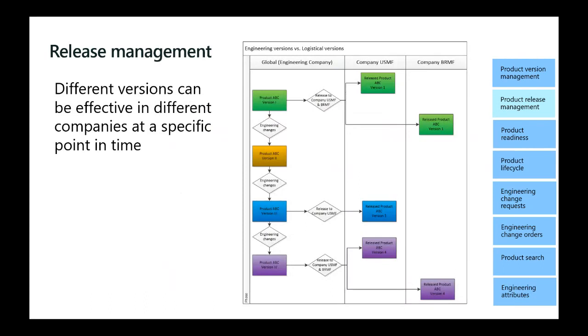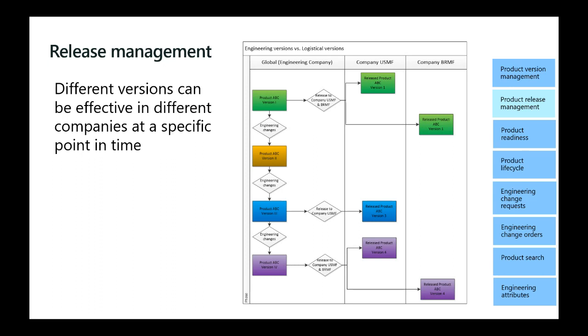So this effectively means that the same product has different versions in time, and as those versions can be released to different companies, then at a specific point in time, different companies have different versions. In this example, you see that at the beginning, both companies, USMF and BRMF, have version 1.